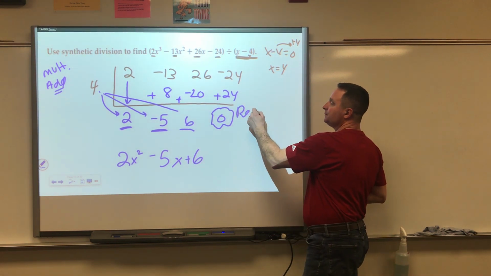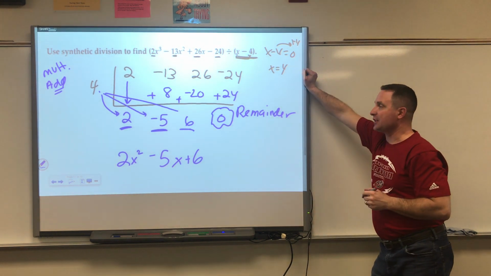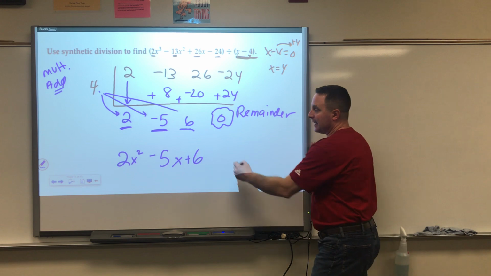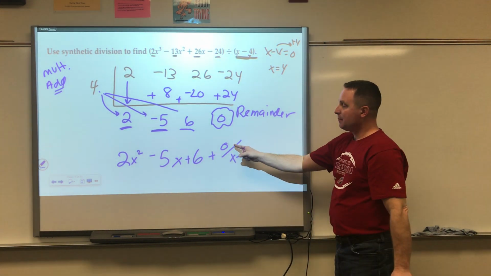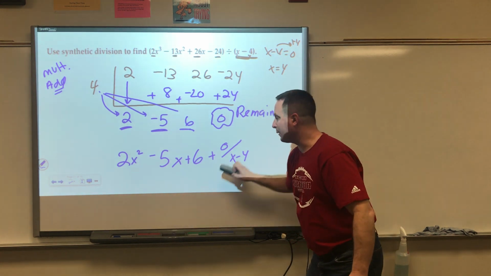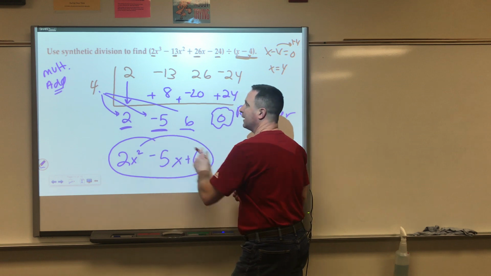This last number is just like the last number at the end of long division. That's our remainder. Technically it's plus 0 over x minus 4, but 0 divided by anything is 0, and we don't write remainders that are 0. This would be my answer.